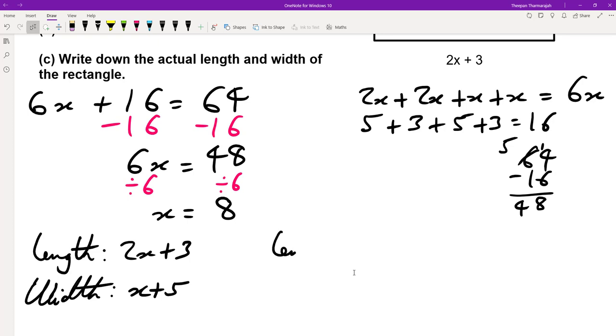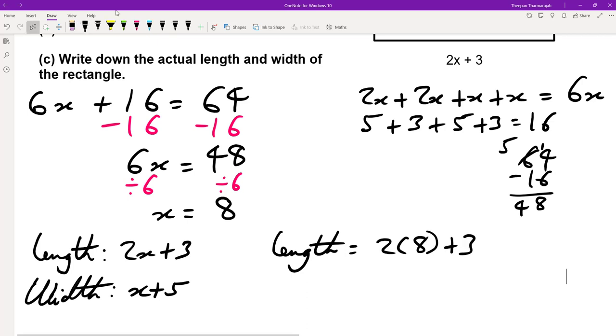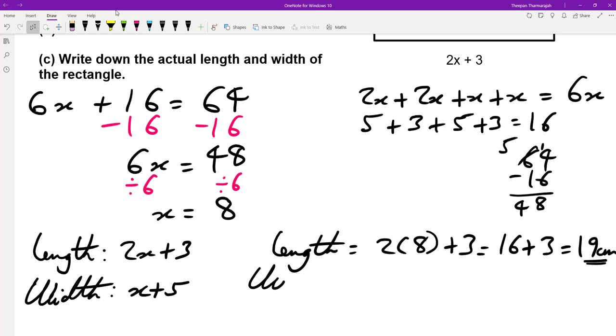So the length is going to be 2 times 8 plus 3. So that gives me 16 plus 3, which is 19. So 19 centimeters is the length. Then the width is simply going to be 8 plus 5, which is 13 centimeters.